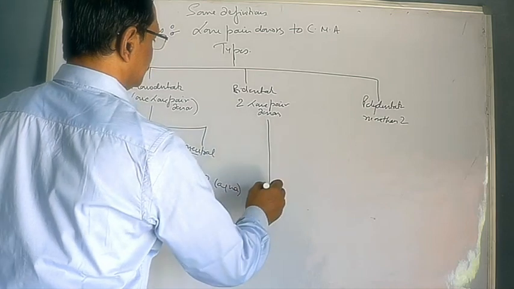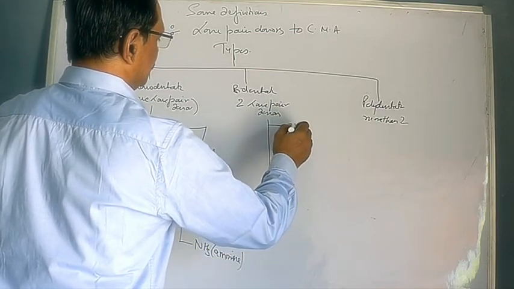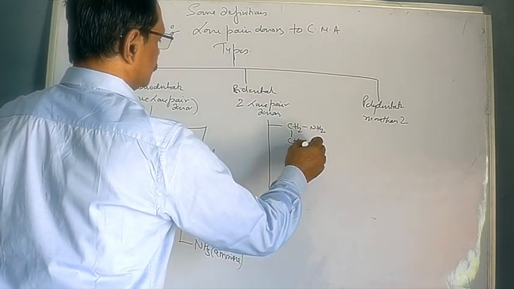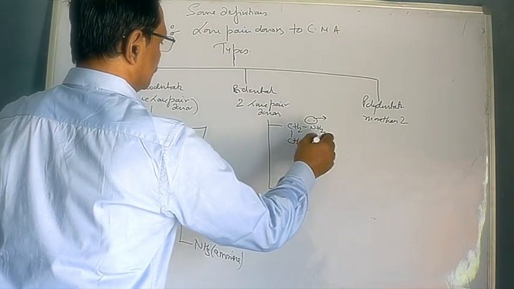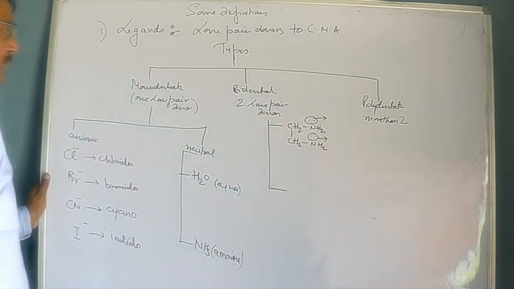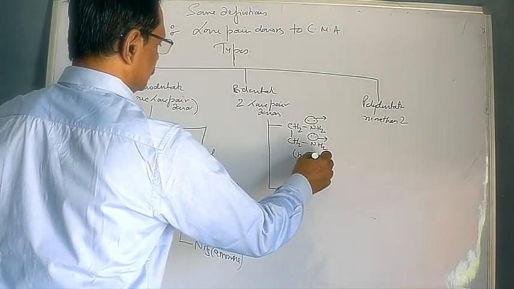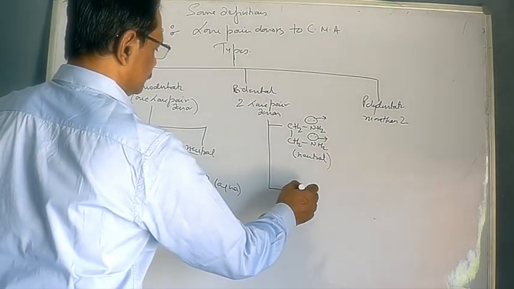Bidentate, two are very common. One is your ethylenediamine, CH2NH2, CH2NH2, one lone pair donor each. So two atoms, two lone pair donors, but this is neutral, no charge on it. Then we have one more, oxalato.